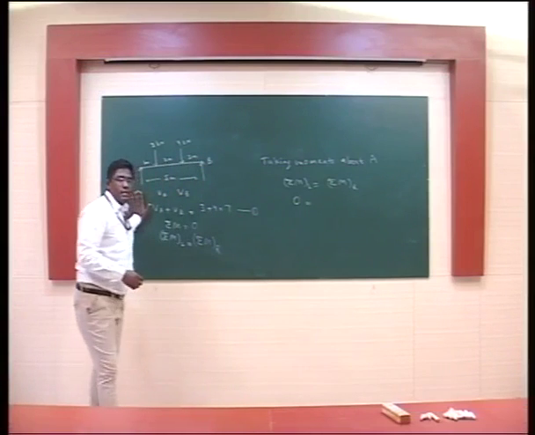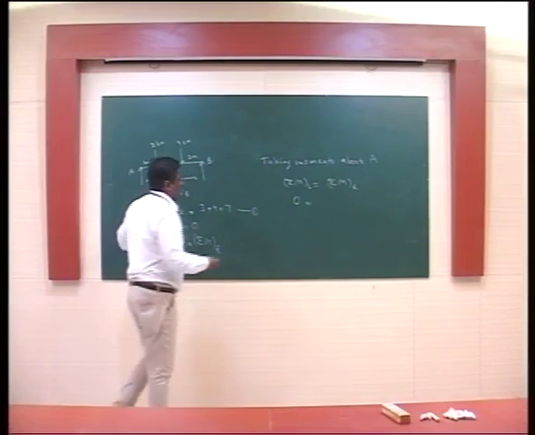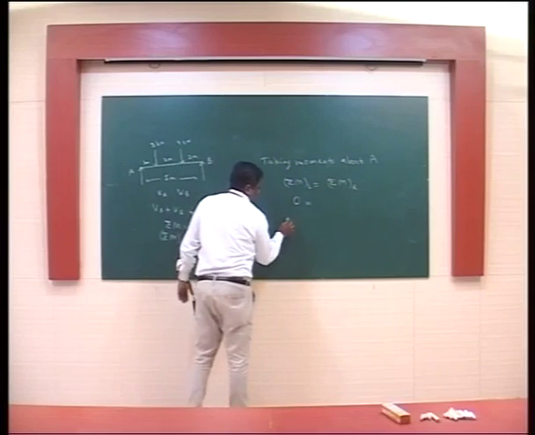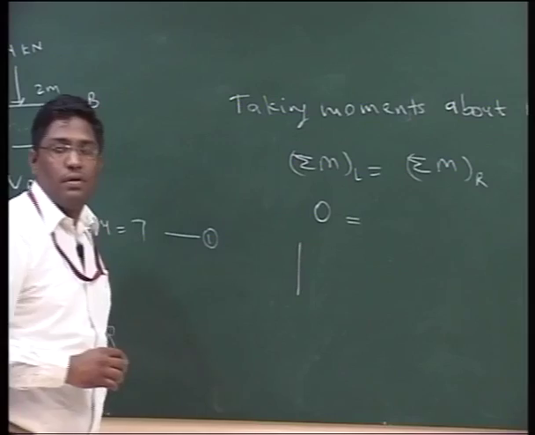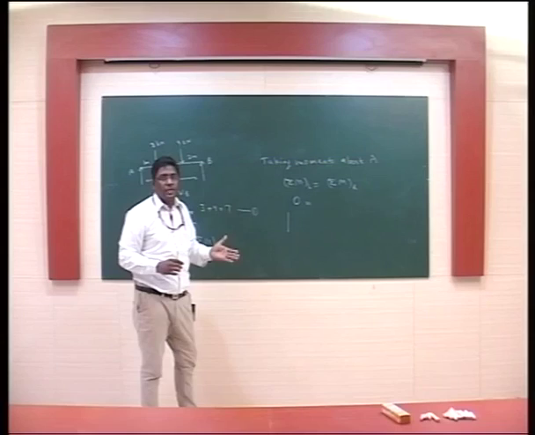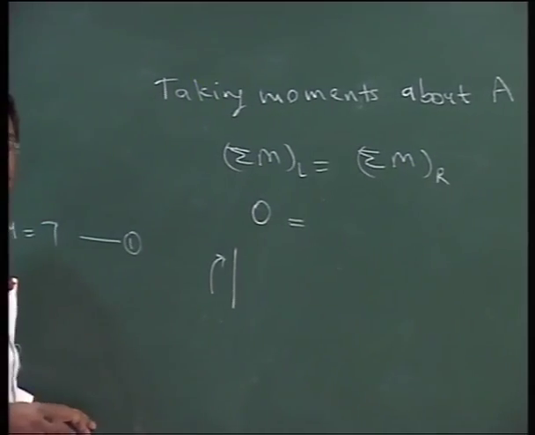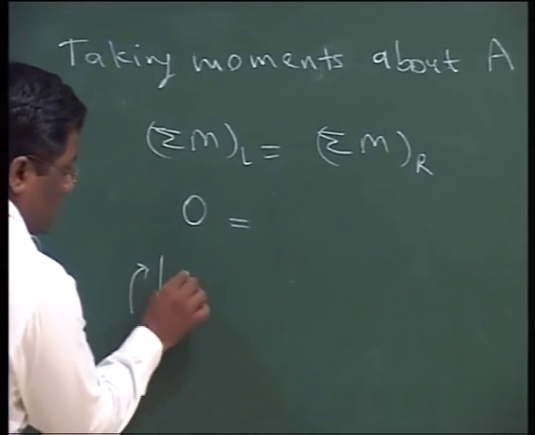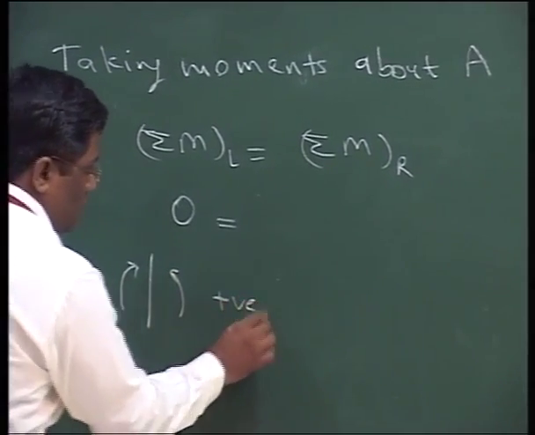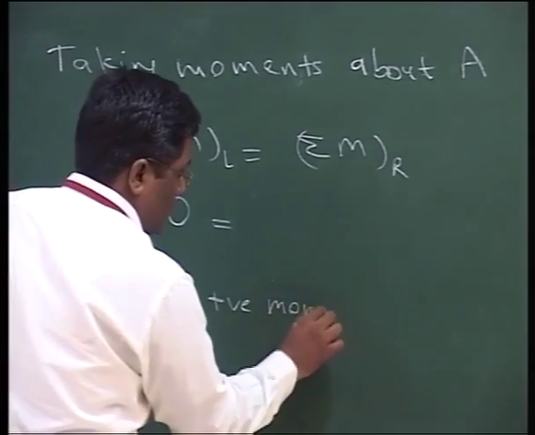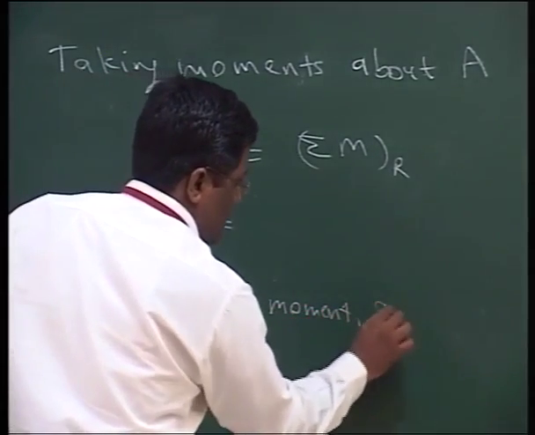For that there is a sign convention. The sign convention says that at any section, if the bending moment is caused by the force on the upward side, either on the left side of the section or on the right side of the section, it is known as positive moment or sagging moment.